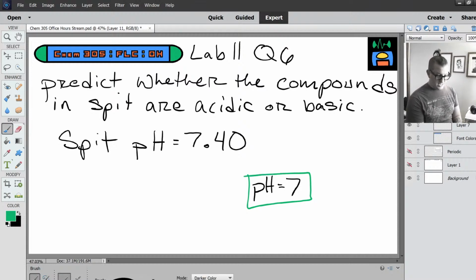This is the Zen mode. This is neither acidic nor basic. It's neutral. This is your Switzerland.